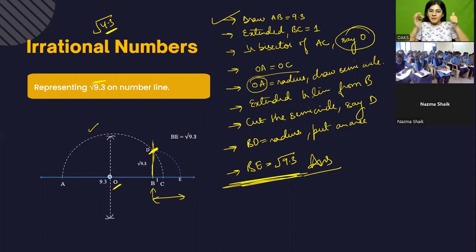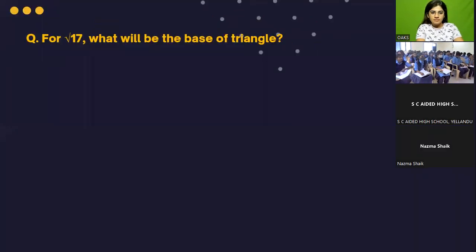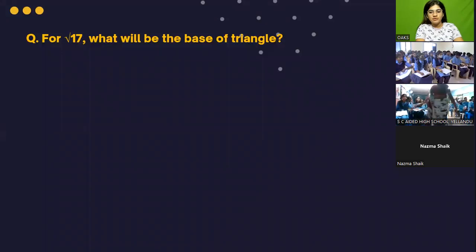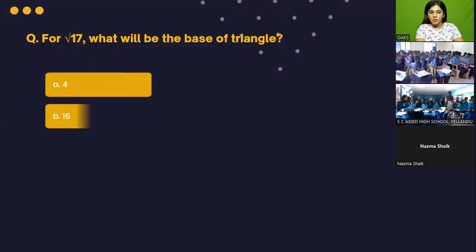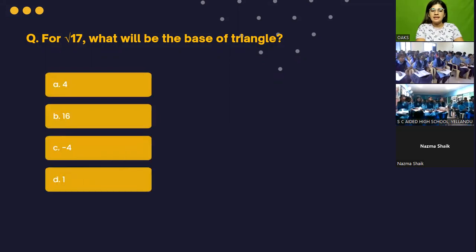So school 1, do you understand the concept? Okay, we'll be moving further. This is a question for you guys. You have to answer me A, B, C, D. Let's see who will answer. These are the 4 options we have.